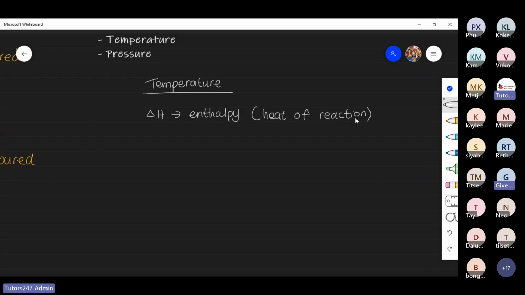Now, if our heat of reaction, or if our enthalpy is positive, it means that the forward reaction is going to be endothermic. So let us put that in words. If our heat of reaction is greater than 0, it means that the forward reaction is going to be endothermic.